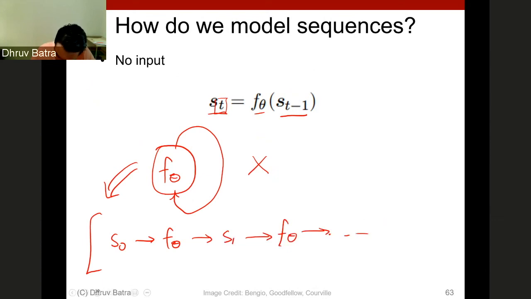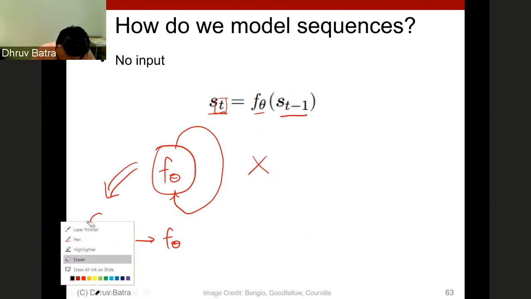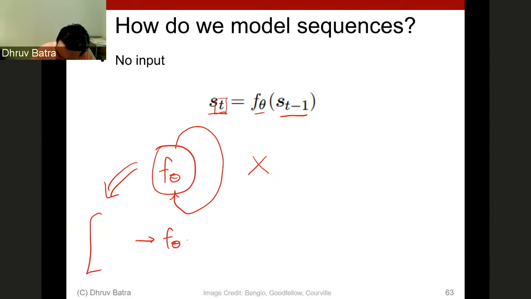Apologies, I should draw this better. Following our convention, data flows on edges, and the vertices are always where the parameters live, right? So S0 is both the input and what's flowing on this edge, and S1 is its output, which goes to another node, which is f theta, which goes to S2, f theta, and so on.